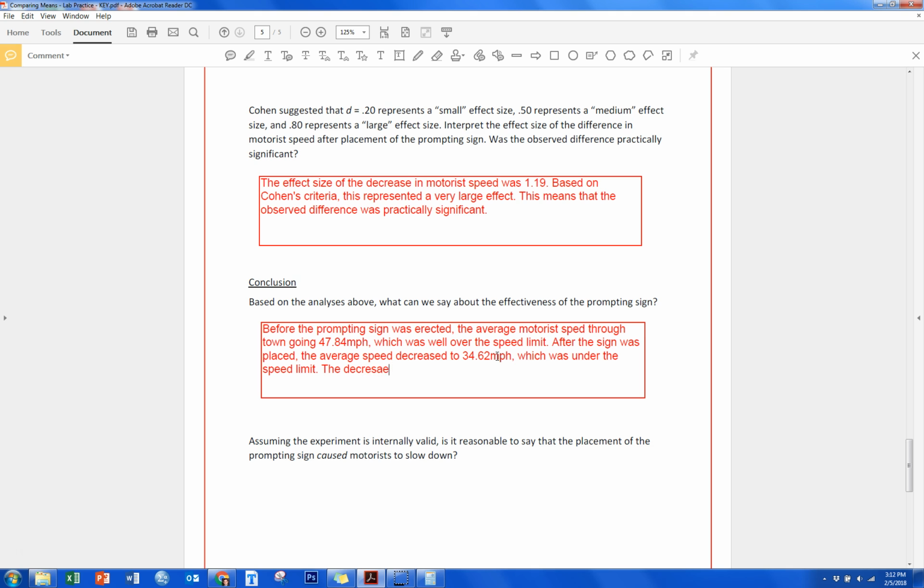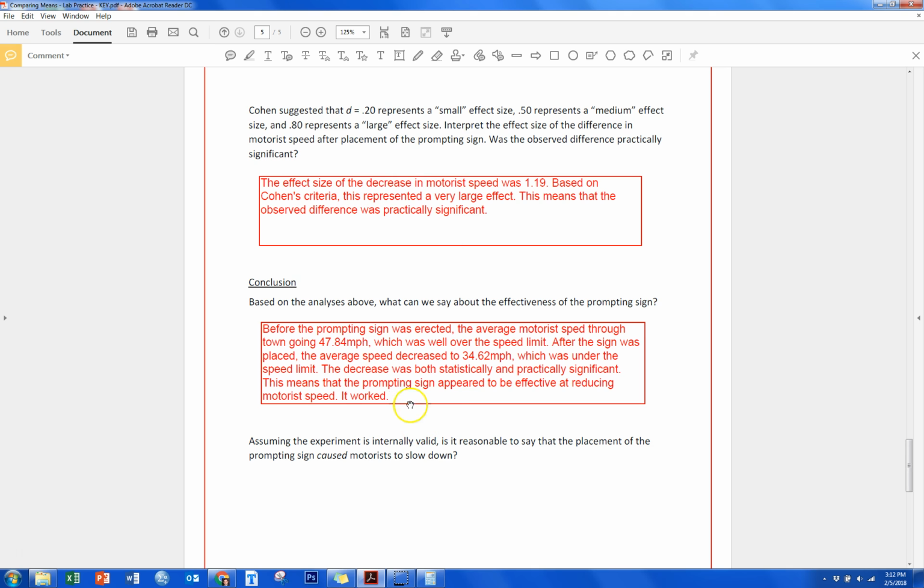The decrease was both statistically and practically significant. Okay, so all this is to say, this means that the prompting sign appeared to be effective at reducing motorist speed. Okay, it worked.